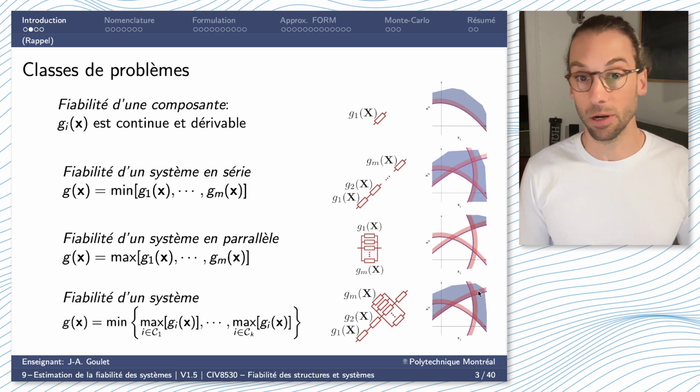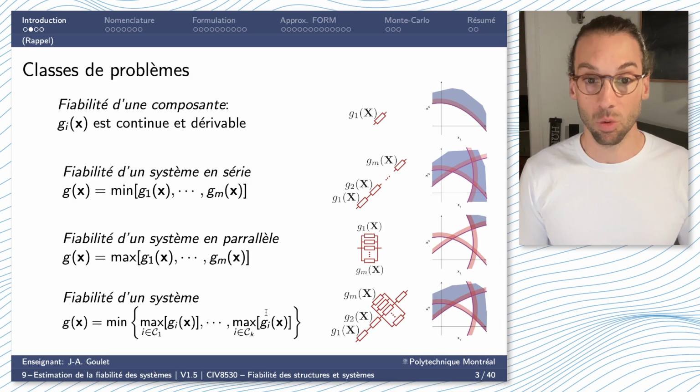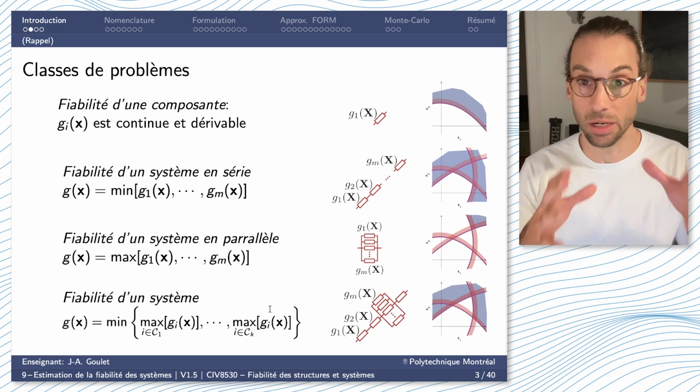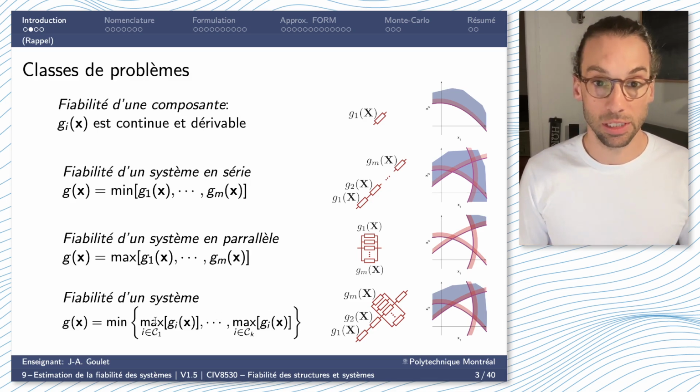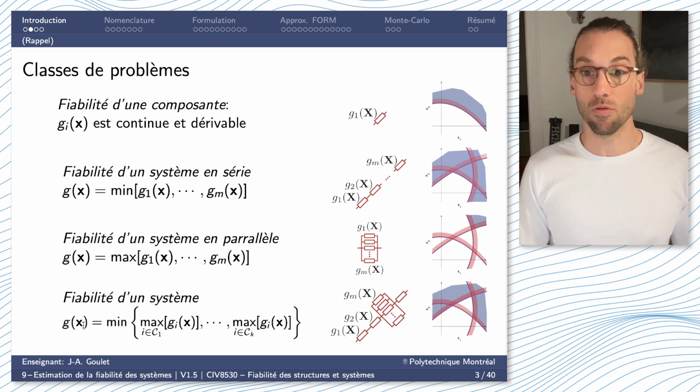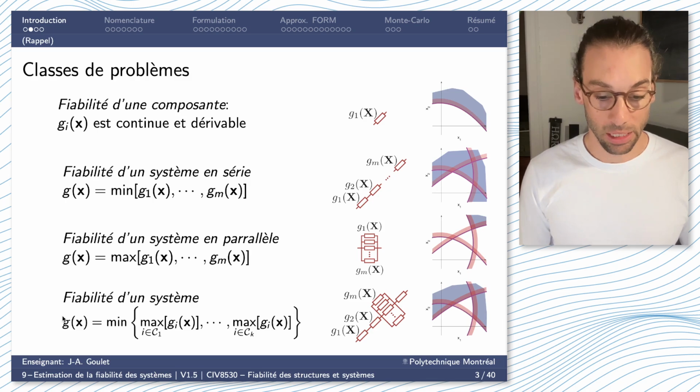What we're going to do typically is regroup everything that is in parallel by taking the max over what is in parallel. And then whatever is in series, we're going to take the min over subsets that could be regrouped together. So this combination of max, for regrouping first whatever is in parallel, and then taking the min over these ensembles, is going to give me my limit state function for my system.